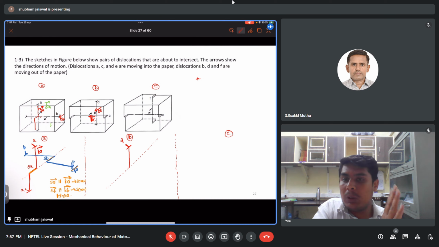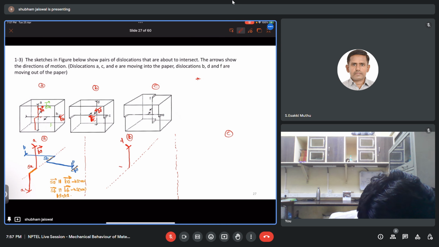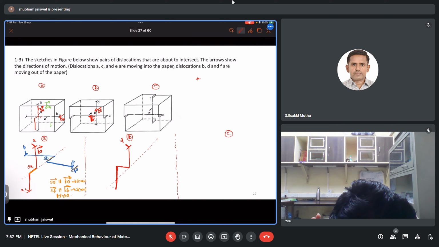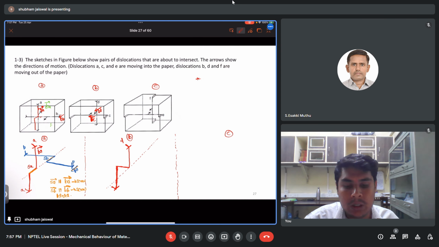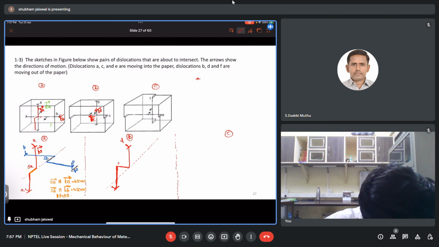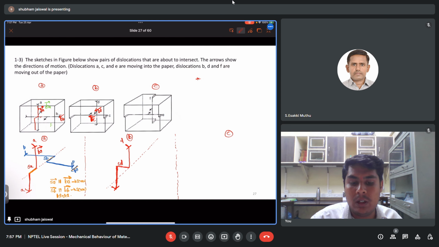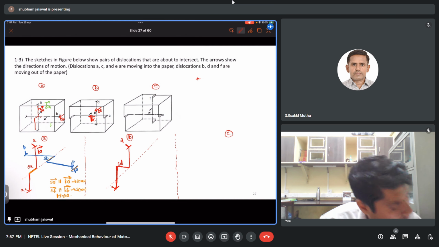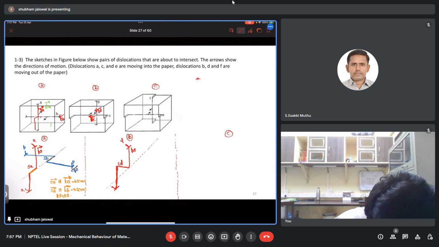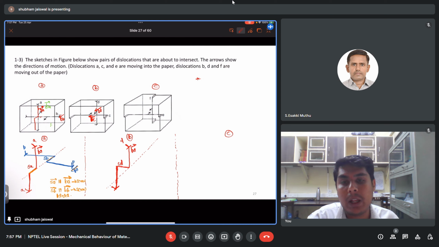So now it is moving towards the left, so it will create a step on the left side. And again, this is the remaining dislocation. Okay. And the step created here is SD. And the direction of our D dislocation is this one. This is the Burgers vector direction.